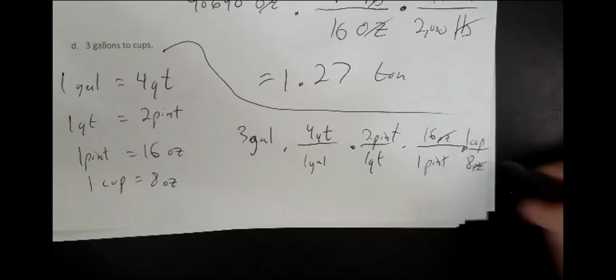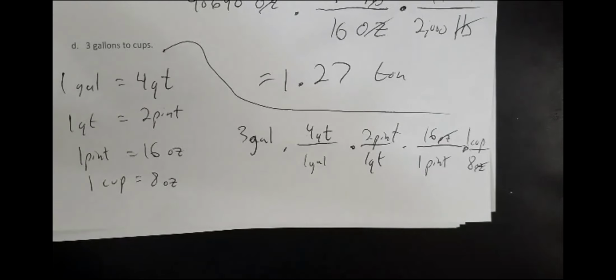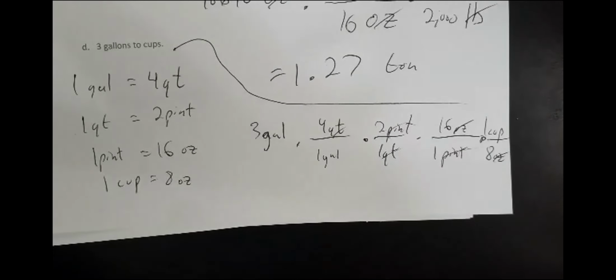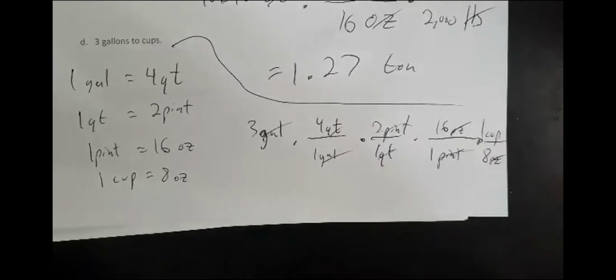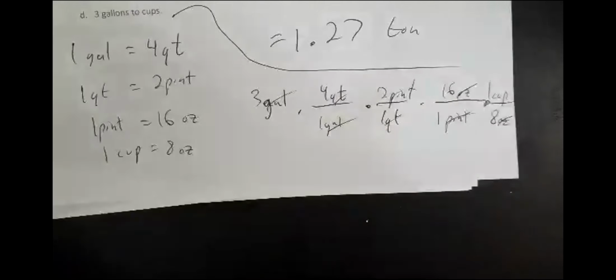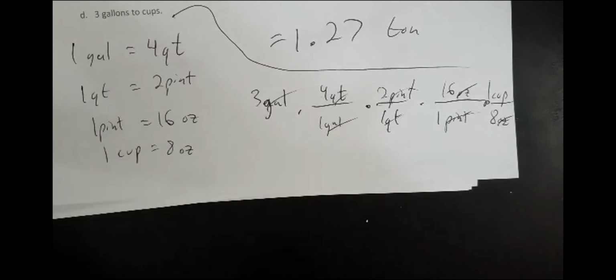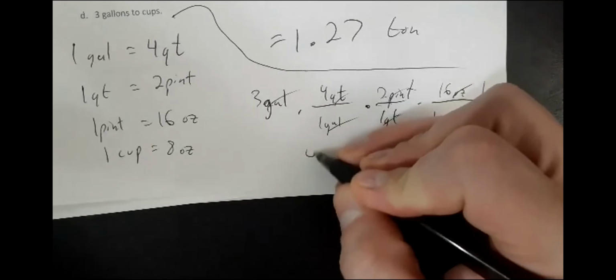That's what you'll get if you divide 16 by 8. So if you do this the correct way, you don't even have to worry about that one conversion. So 3 times 4 times 2 times 16, and then we're going to divide that by 8. It should be 48. So if there are 16 cups in 1 gallon, there are 48 in 3.